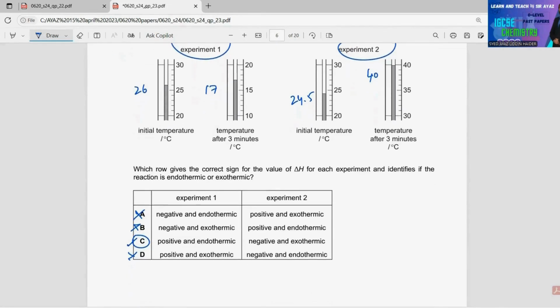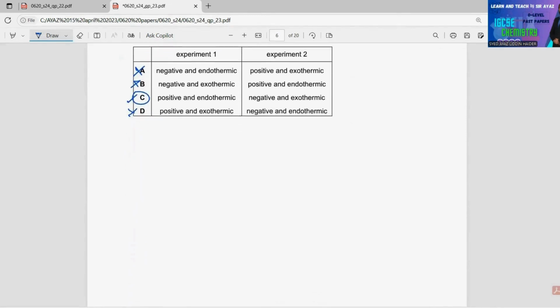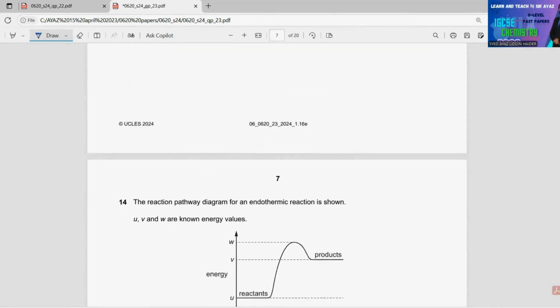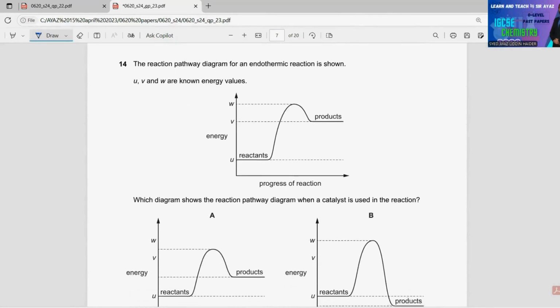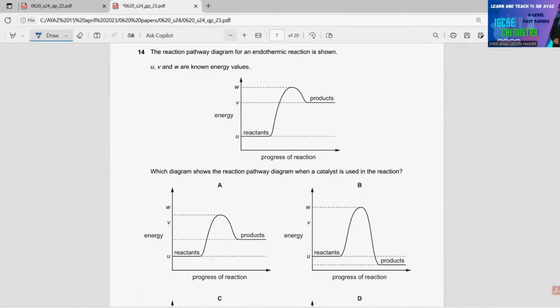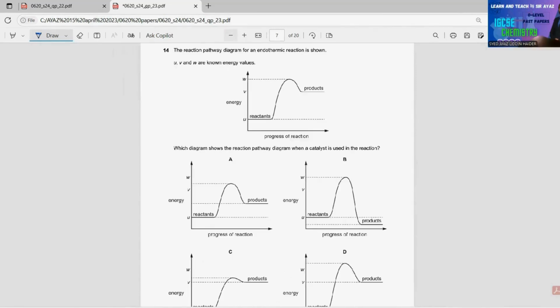Moving to next MCQ, which is MCQ number 14. The reaction pathway diagram for endothermic reaction is shown. U, V, and W are known energy values.